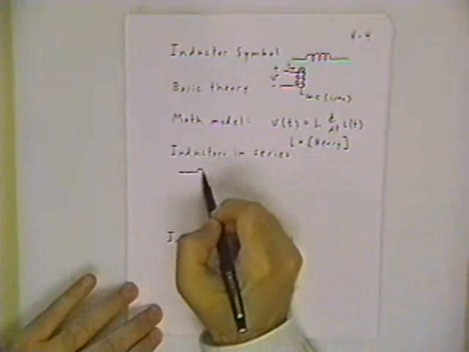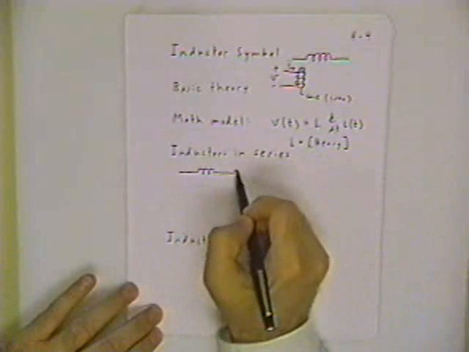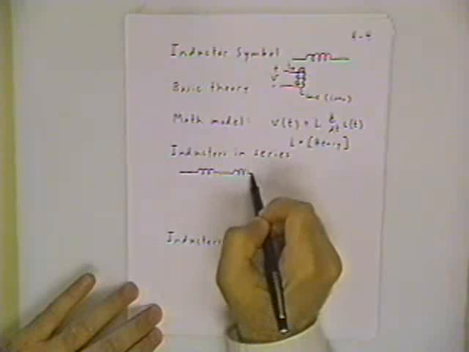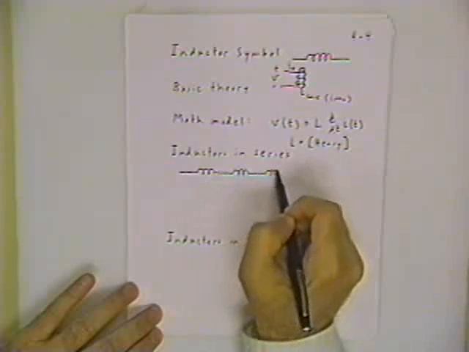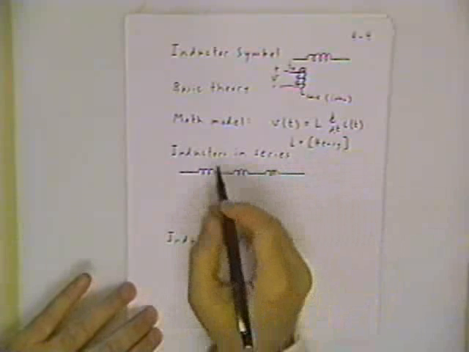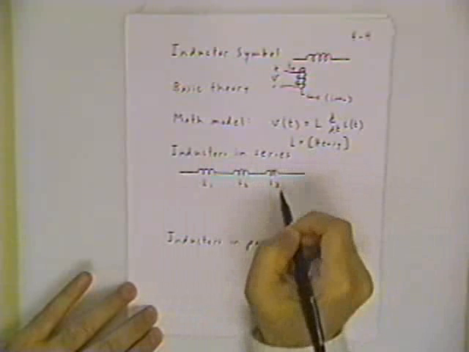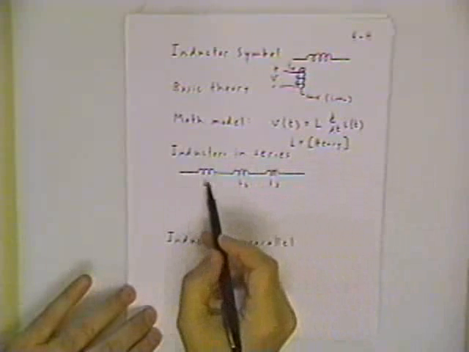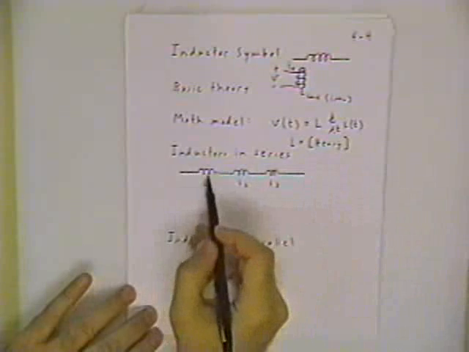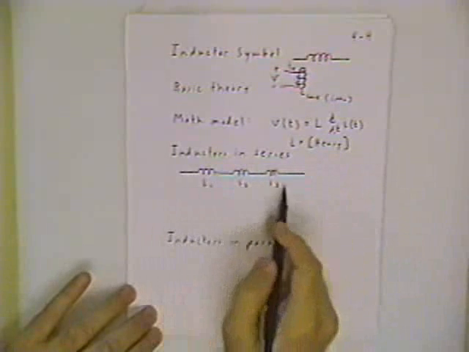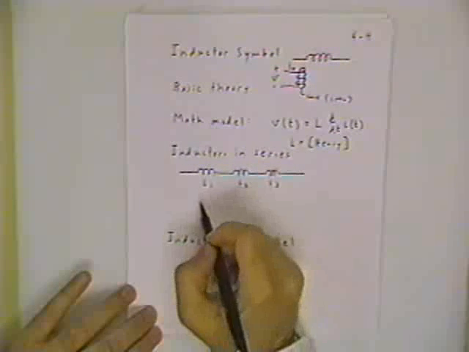For inductors in series, since these are really just conducting wires that have been wrapped around a core, it's probably not too surprising that if you put 3 of them in series, you get an inductance that's the sum of all of them. If they're identical, you get 3 times as much.